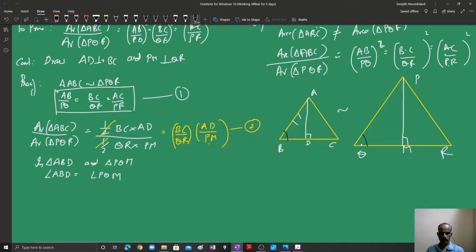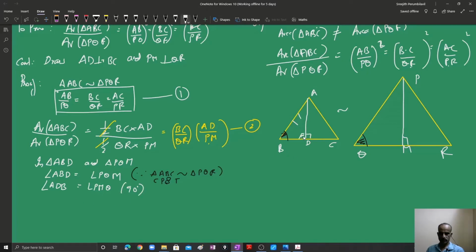Why? How can I say so? Since triangle ABC is similar to triangle PQR, corresponding angles of similar triangles are equal. Also, angle ADB is equal to angle PMQ, 90 degrees.